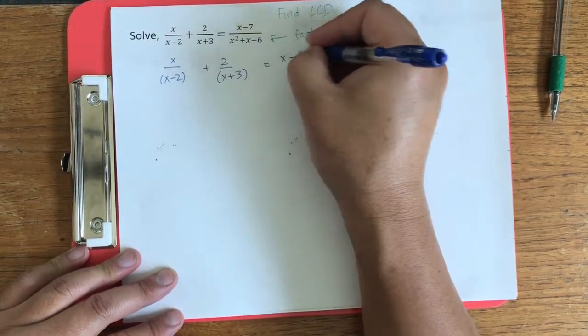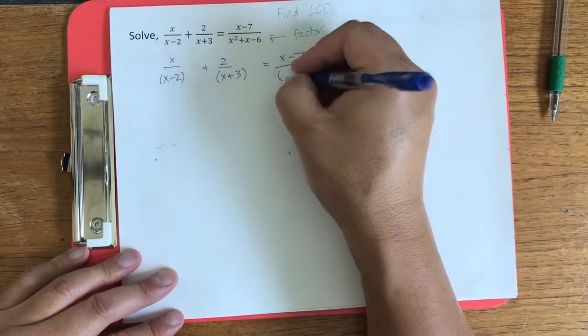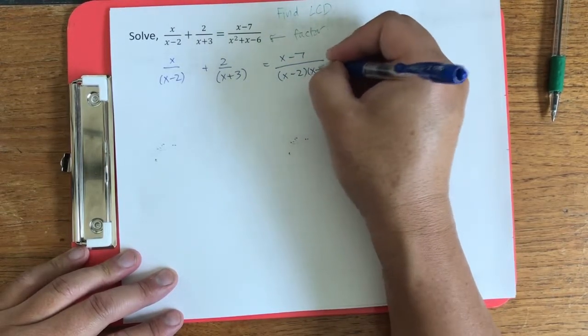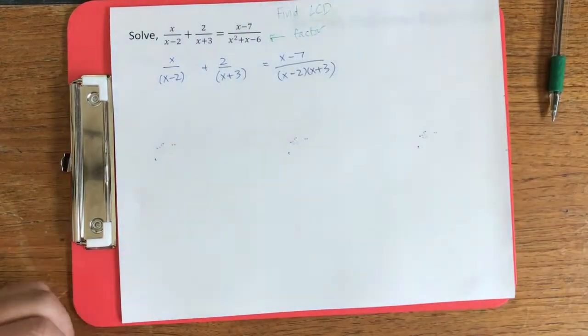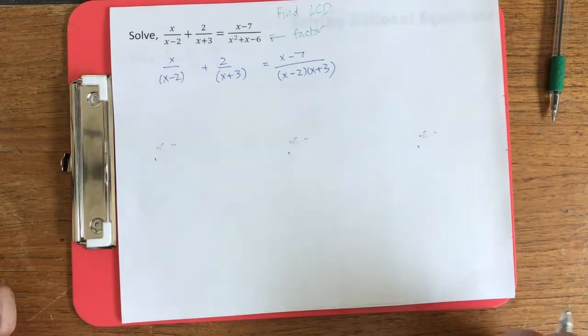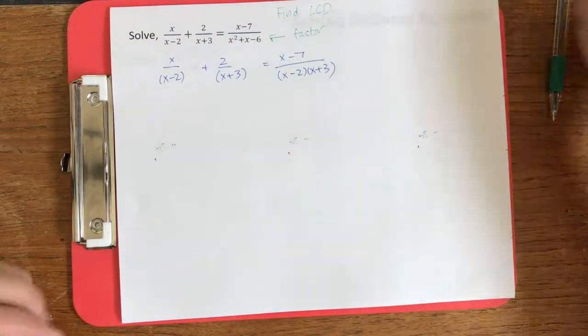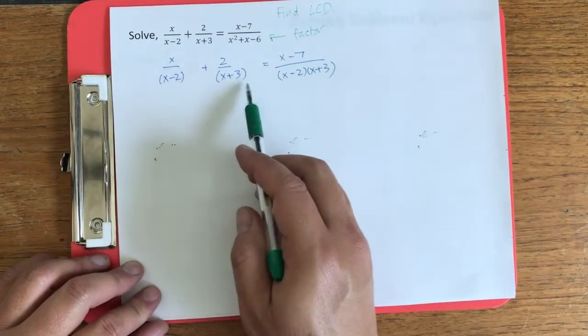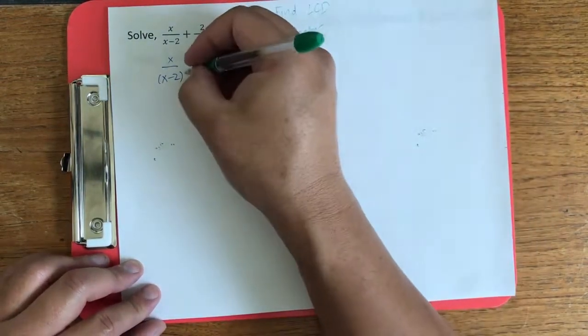And using whatever factoring technique you like, in my class, we would use X factoring, but every class uses a slightly different version. Now we want to find the lowest common denominator. So the question is, what am I missing here? That's here and here, and the answer would be x plus 3.